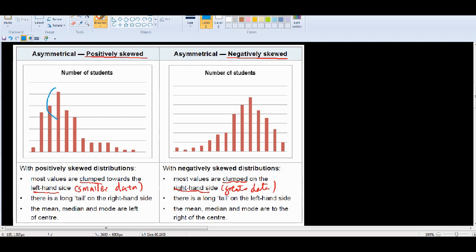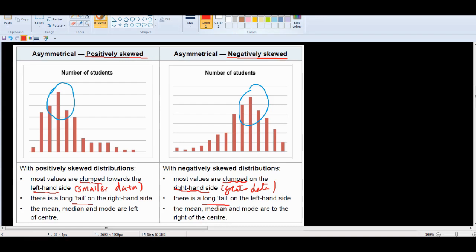You see this part and this part, right? And there's a long tail on the right hand side. So use this term as well, tail. On the right hand side there's a long tail for positive skew. Right hand side means greater data, and for negative skew there is a long tail on the left hand side.